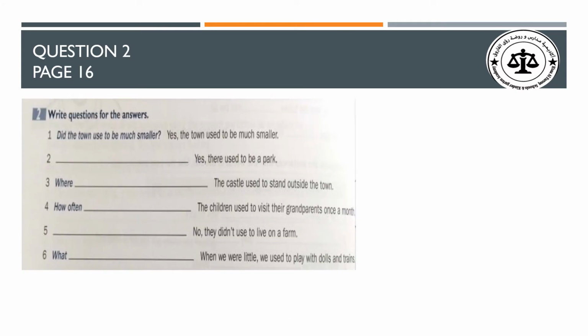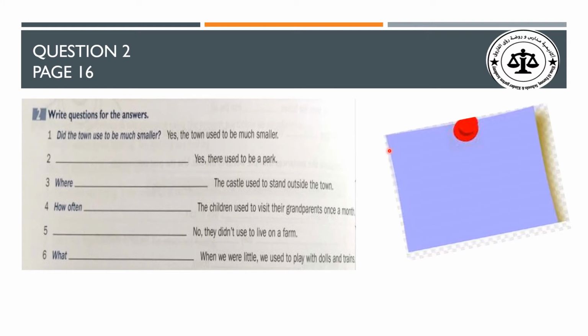Now question number 2. Write questions for the answers. Like number 1. Did the town used to be much smaller? Yes, the town used to be much smaller. Do you remember how we can make questions by using used to?